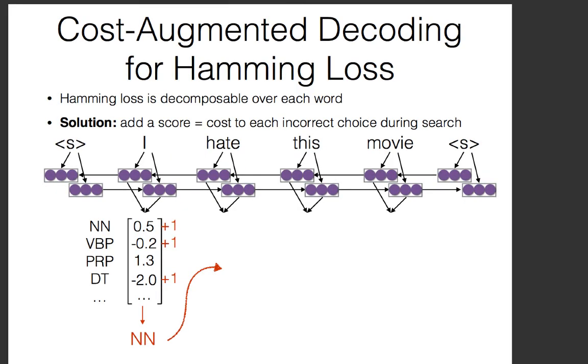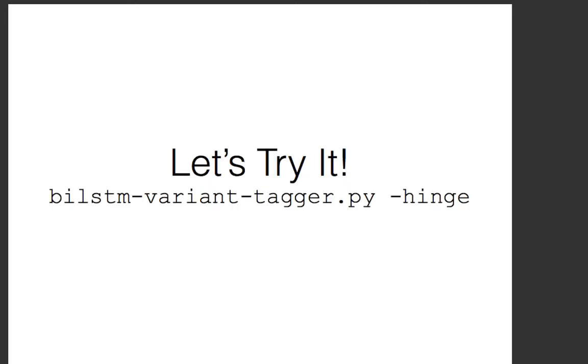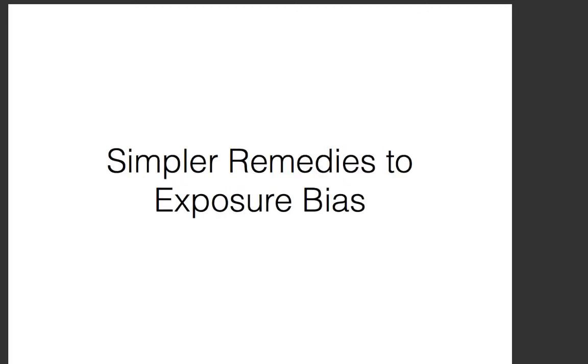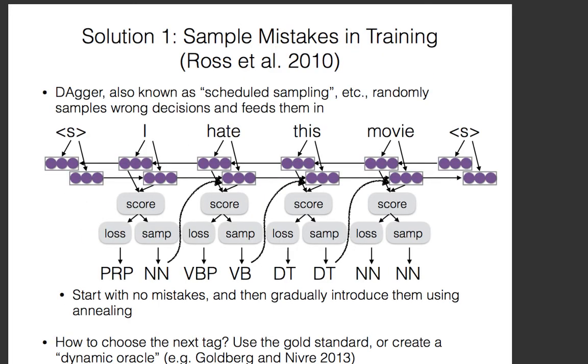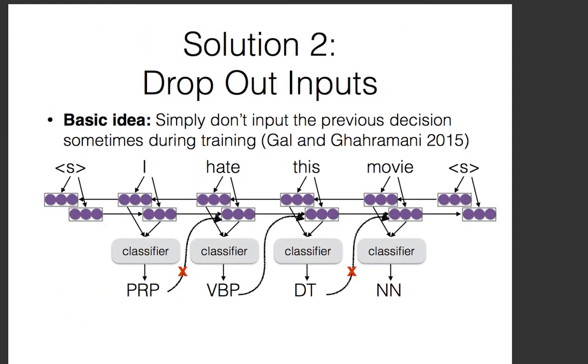This is a good training algorithm that will do well at optimizing over structures, but it's slower and a bit harder to train. So doing stuff like this sampling algorithm where you sample from the model, or dropping out words, these are also very good options that are much easier to implement.